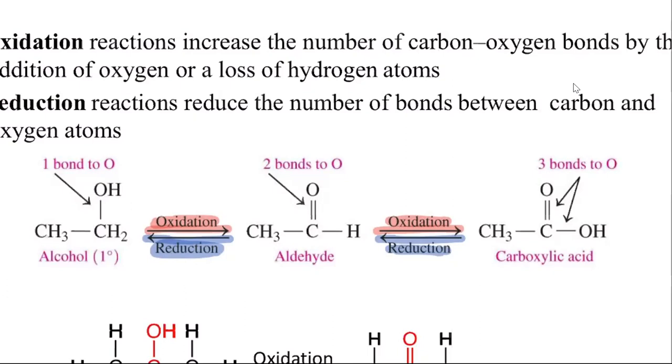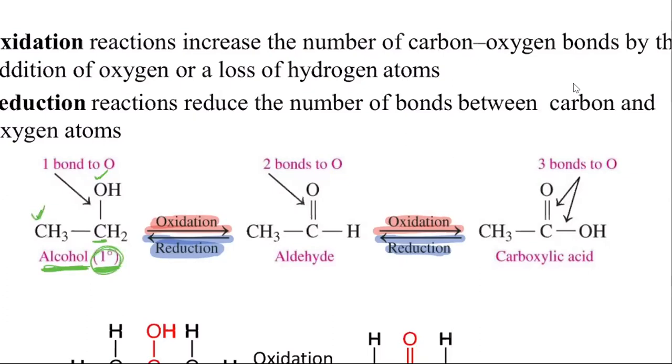So let's get started. If we start with an alcohol molecule, specifically a primary alcohol, what makes something be called a primary alcohol? Well, if the carbon atom that is holding the OH is bonded to one carbon chain, that's what makes it primary, okay?